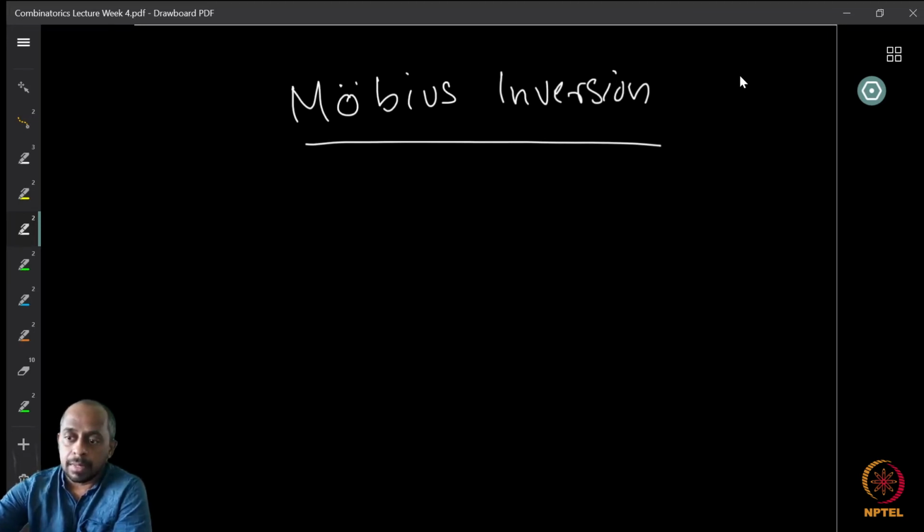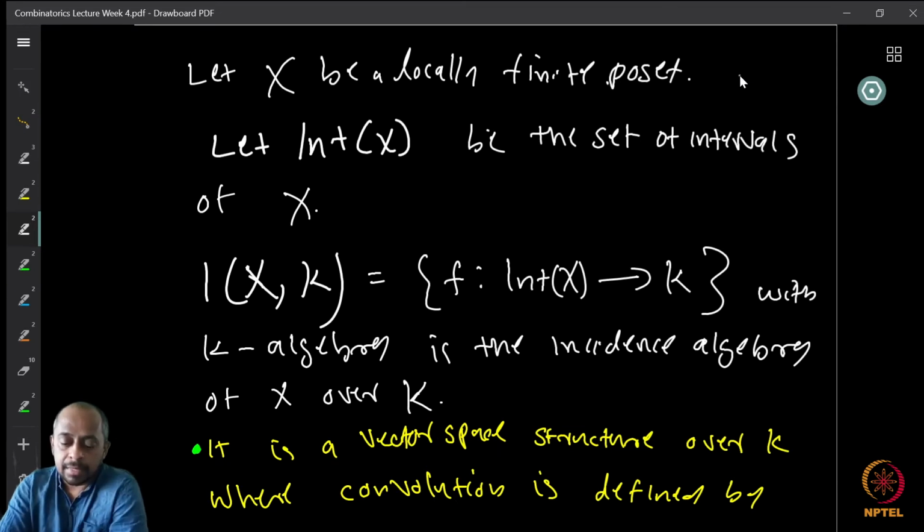To recall, we said that a partially ordered set is locally finite if all its intervals are finite. Now let us look at the set of all intervals of a poset X, denoted by Int(X).